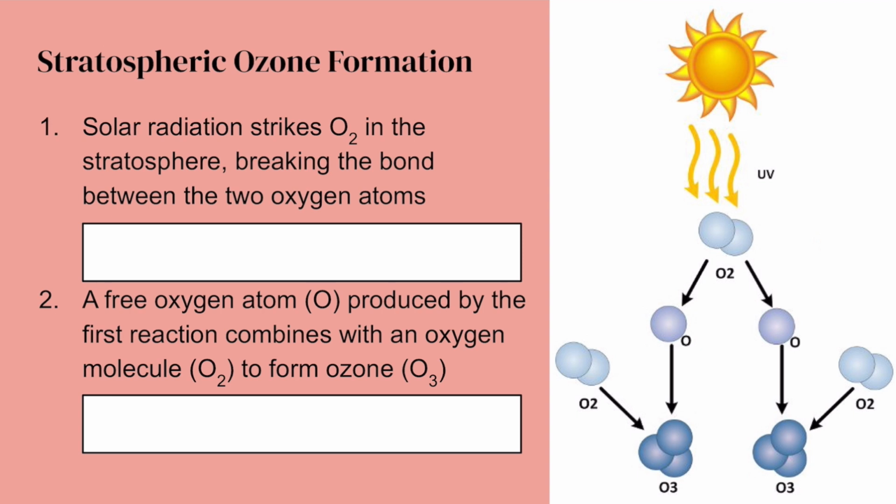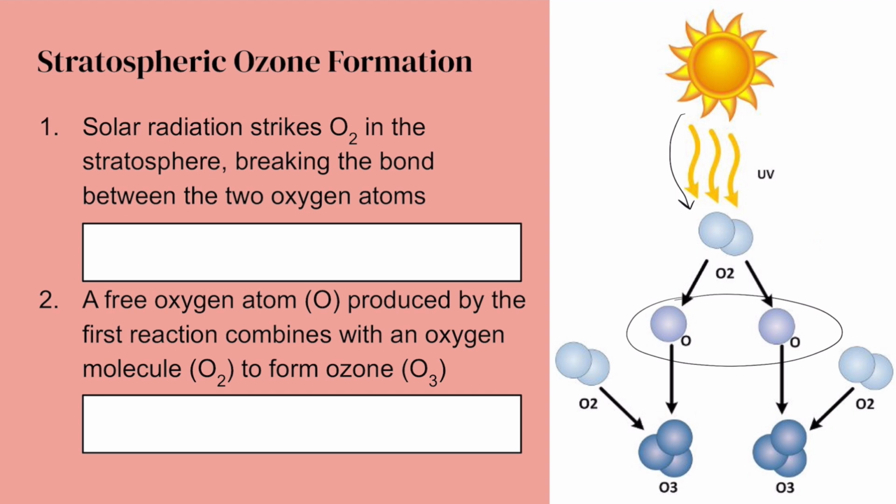So the first thing that happens is UV radiation will strike a molecule of oxygen gas in the stratosphere. That's what we're seeing right here. So we have UV radiation striking that molecule. That causes it to break the bond that holds those 2 atoms together, and we get a product of 2 free oxygen atoms. So 2 single solitary oxygen atoms.